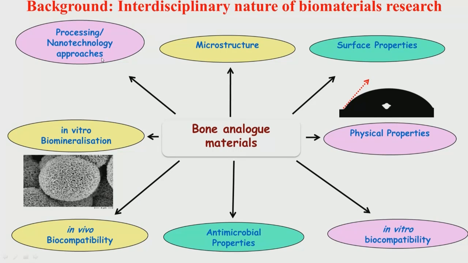Once this processing is done, one can characterize the microstructure at multiple length scales, both 2 dimensional and 3 dimensional, as well as micron scale to nano scale and so on.